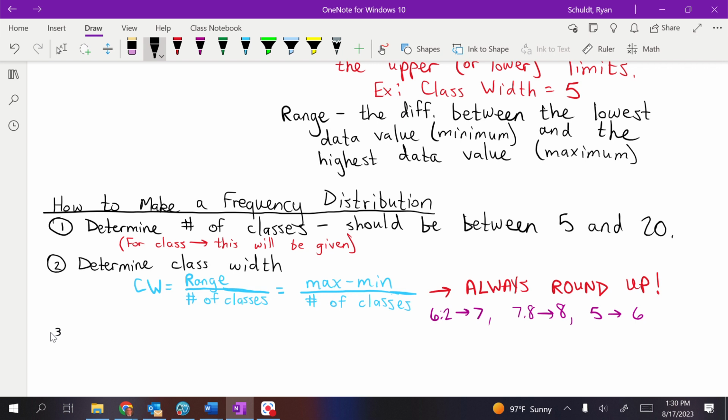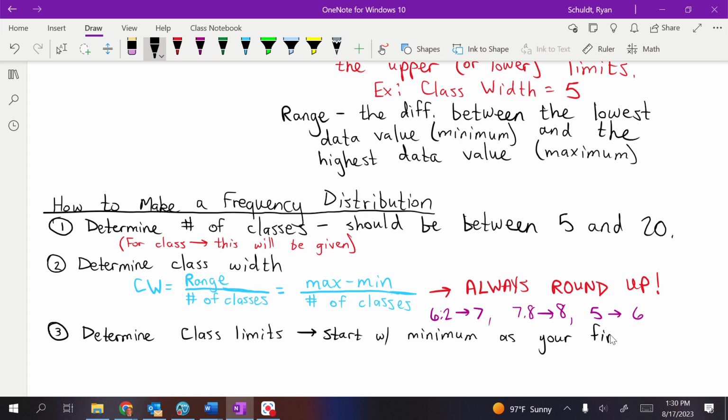Okay, step 3. Then we have to determine the class limits. So you're going to start with the minimum as your first lower class limit.